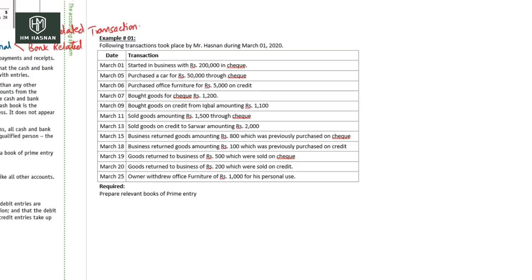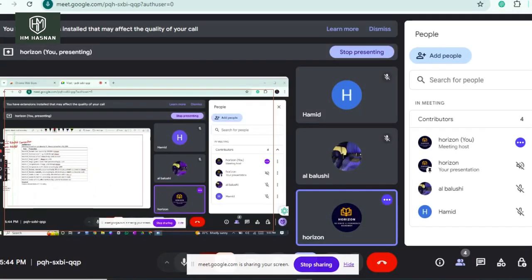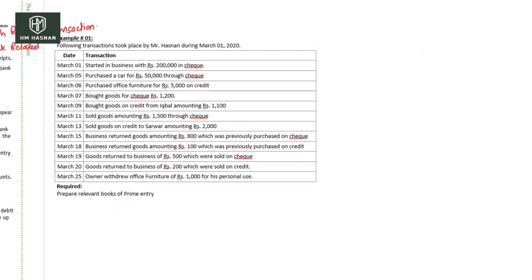So the requirement is to prepare relevant books of prime entry. Before making books of prime entry, we will make the double entry of all the business transactions, and that double entry will help us to make books of prime entry. So we will make the double entry.